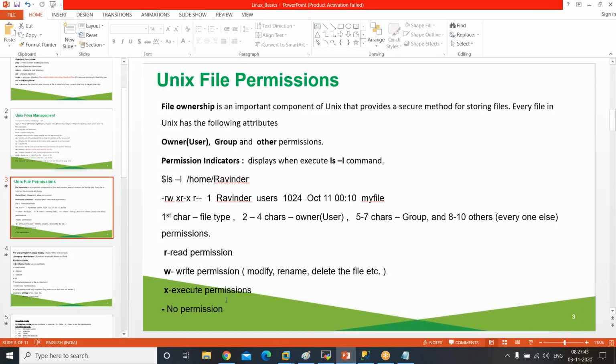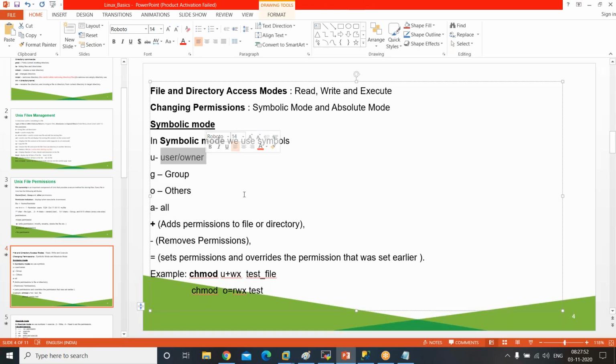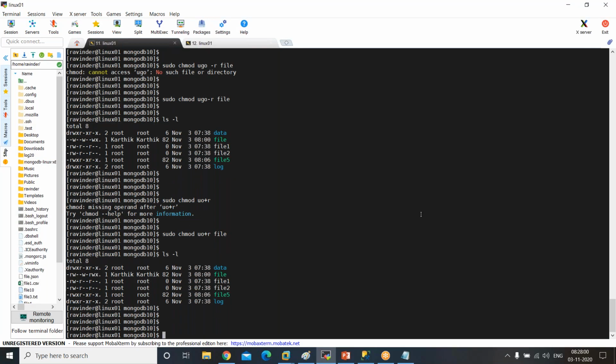So read, write, execute permissions: we have three permissions. User or owner, both are the same, there is no difference. g means group and o means others. There is something called all, a. We don't use this, I never use it, so don't get confused.